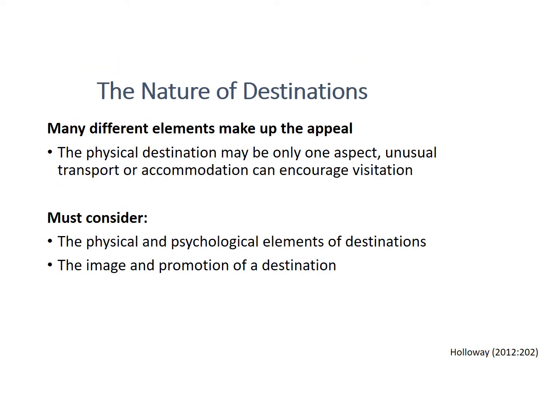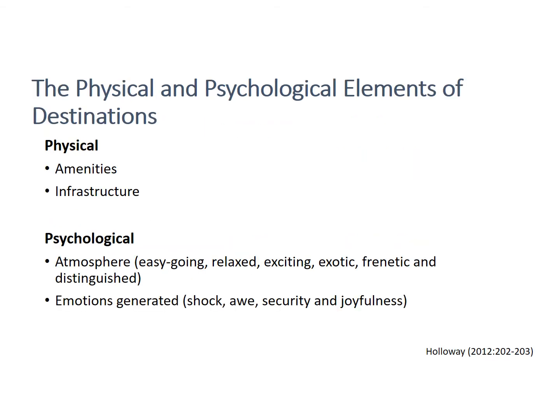The nature of destinations. So many different elements make up the appeal. The physical destination may be only one aspect; unusual transport or accommodation can encourage visitation. But you must consider the physical and psychological elements of the destination, the image and promotion of a destination. The physical and psychological elements of destinations include the amenities and infrastructure, which definitely has a big part to play.